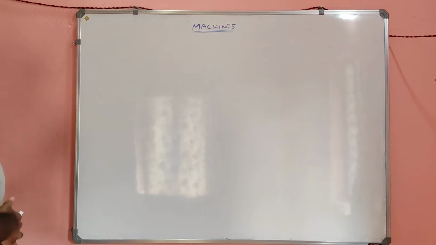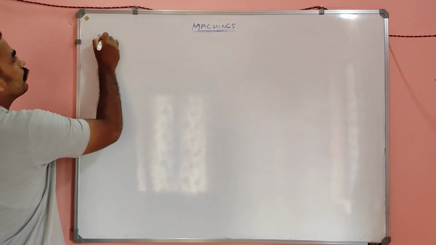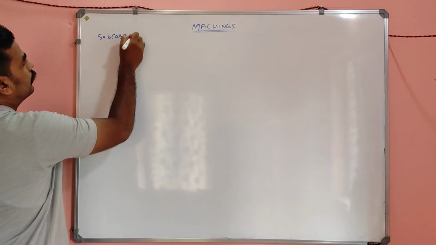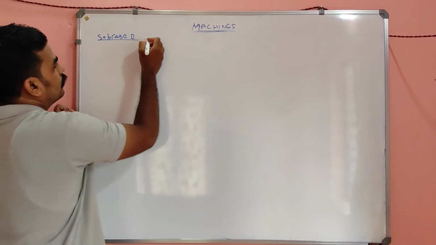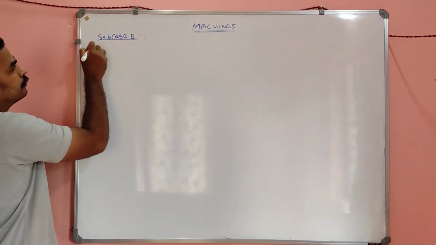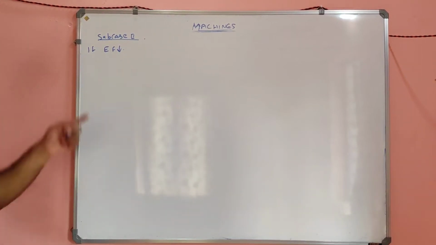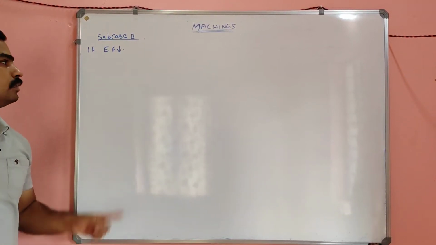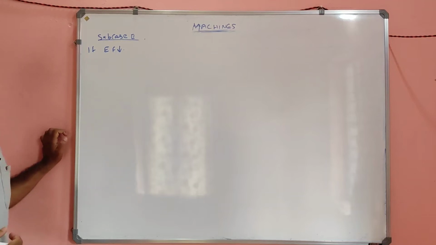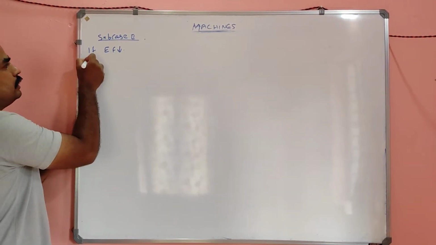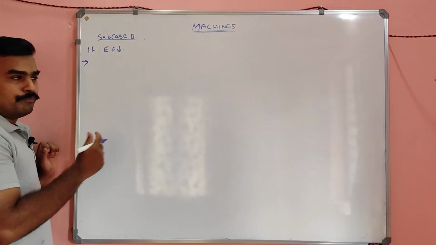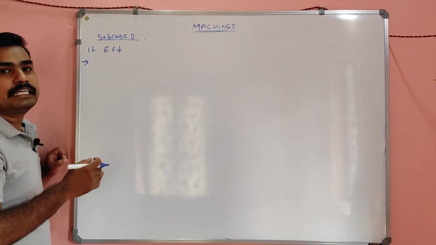Sub case 2. If Ef reduces, initially we increased Ef, now if Ef reduced, what happened? If Ef reduced, Vt will be greater than Ef cos delta.